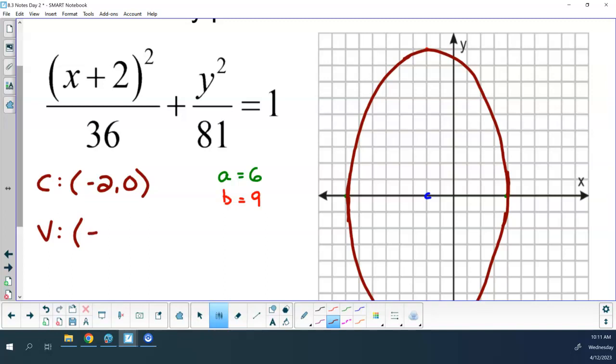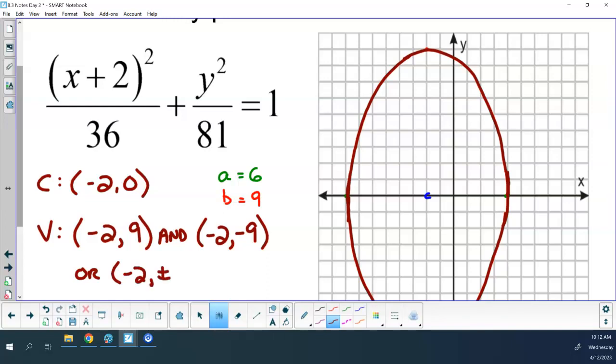So we could go negative 2 comma 9 and negative 2 comma negative 9, or I would also accept it the other way, because they're the same. If they're different, then no. Okay? With me so far. Love it.